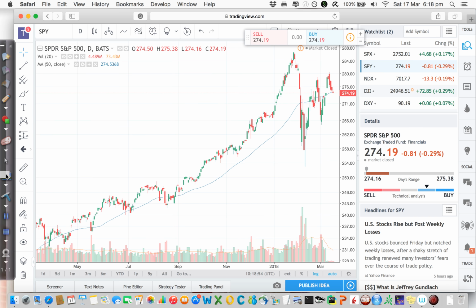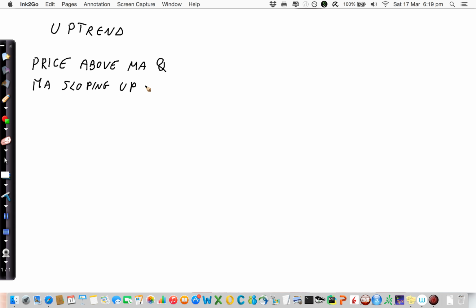So we can write this down to remember. Uptrend is when we have the price of the candle above the moving average and the moving average is sloping up.